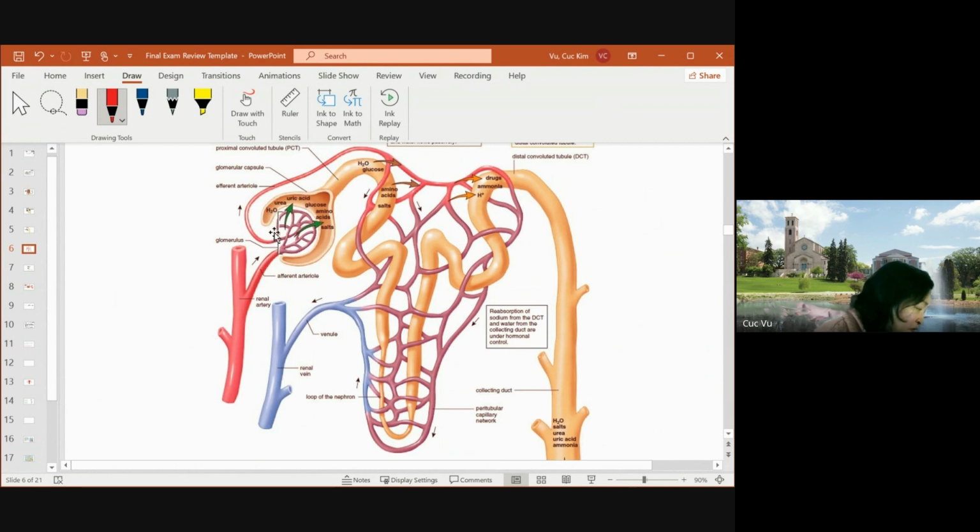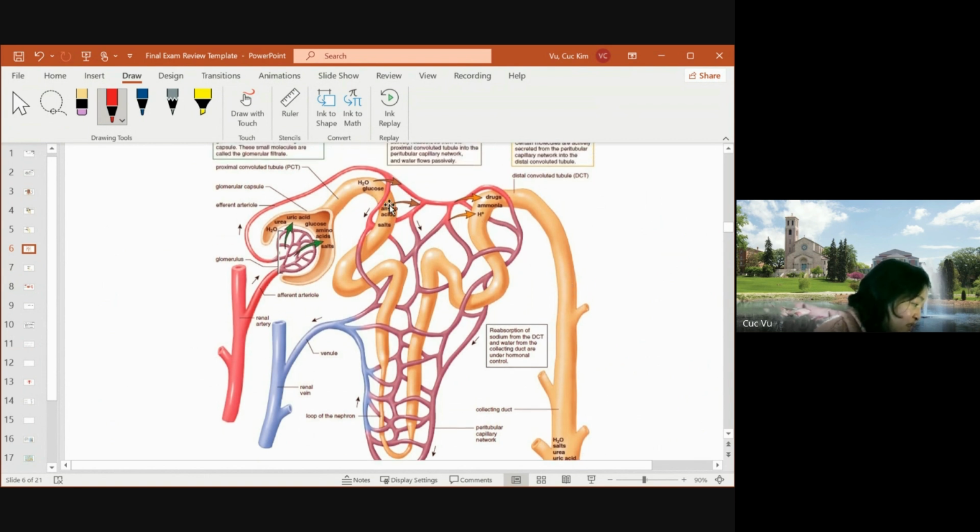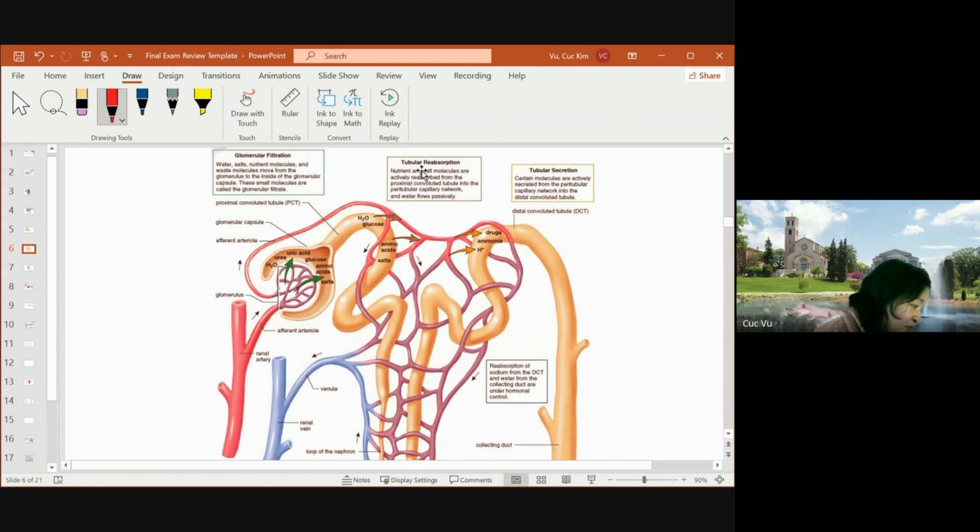That's the first step, glomerular filtration. Once it filters, it goes along the PCT, then down the nephron loop, then along the DCT, and then to the collecting duct. We haven't even talked about tubular reabsorption yet, nor tubular secretion.